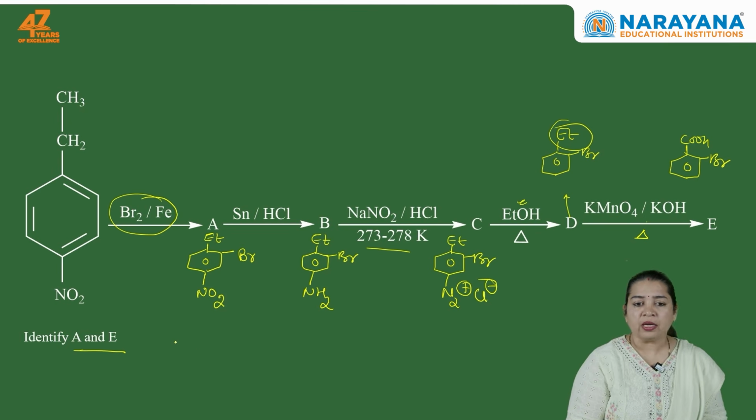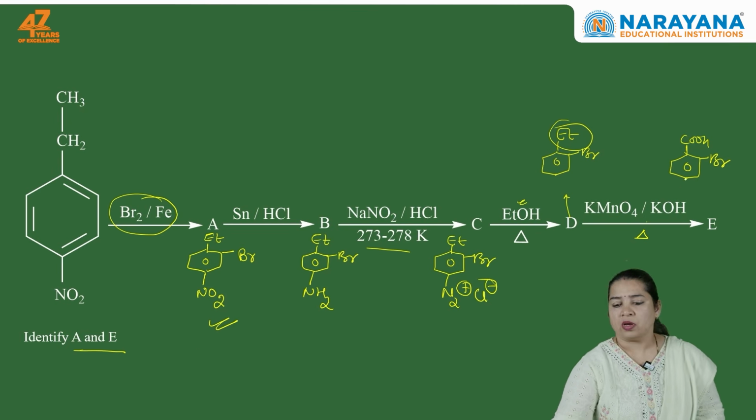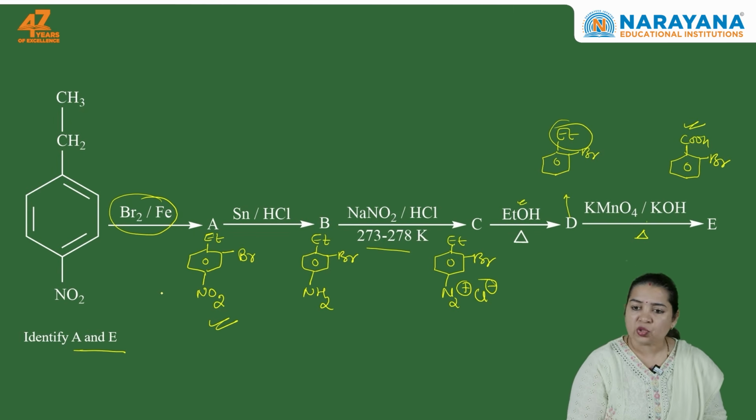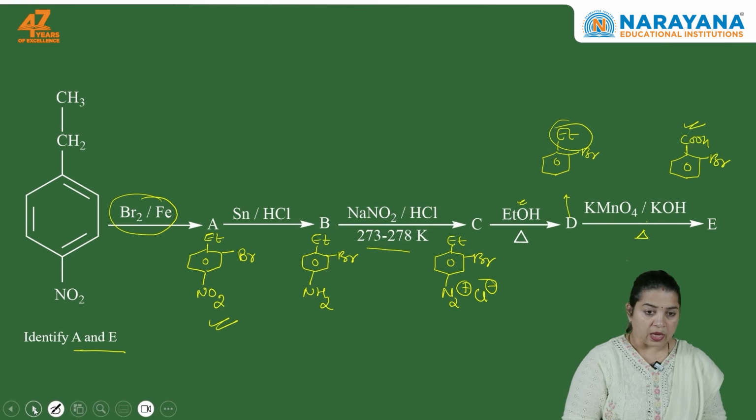Now here, when options are not there, whichever integer or in whichever way it was asked, this is the entire solution, and as per the available options you can select the suitable option. Okay, this is our A and this is our E. I hope it is okay.